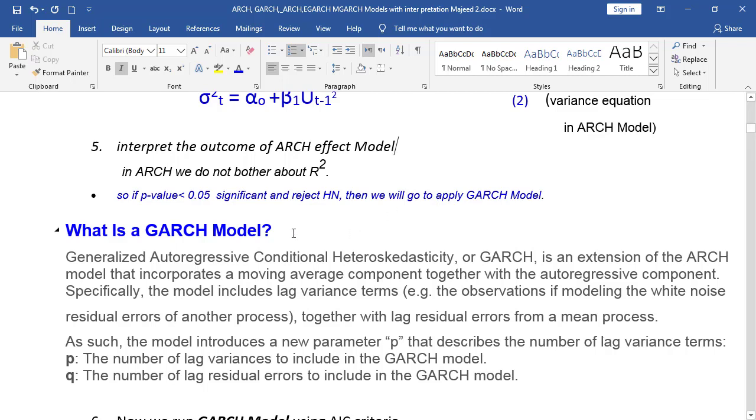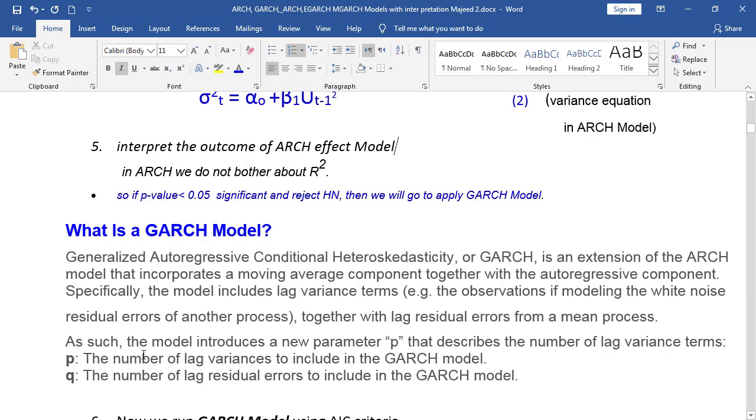So what is the GARCH model? GARCH, generalized autoregressive conditional heteroscedasticity, is an extension of the ARCH model that incorporates a moving average component together with the autoregressive component. Specifically, the model includes a lag variance term, namely the observation of modeling the white noise residual error of another process, together with the lag residual error from the mean process.